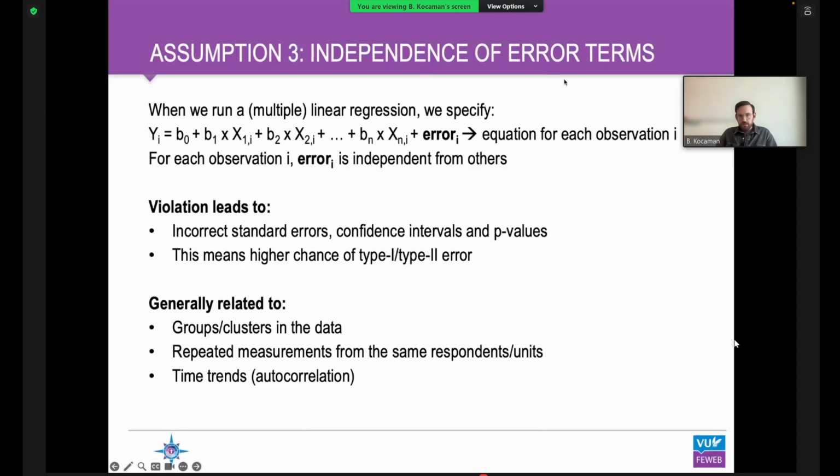Assumption 3 is independence of error terms. Here, you can write the regression line per observation. Okay, so this i is per observation.